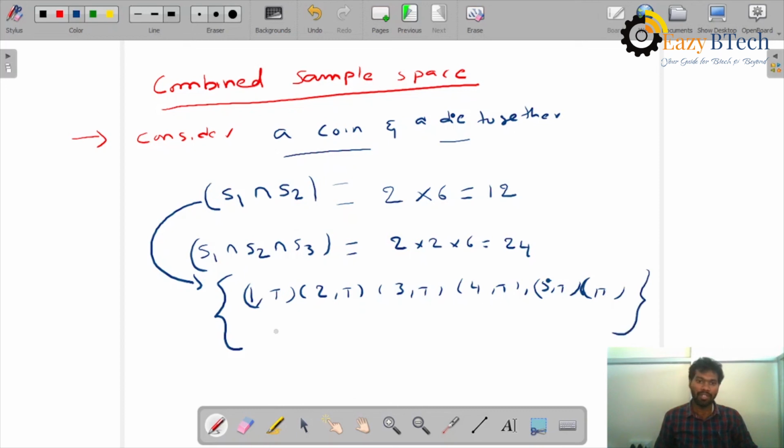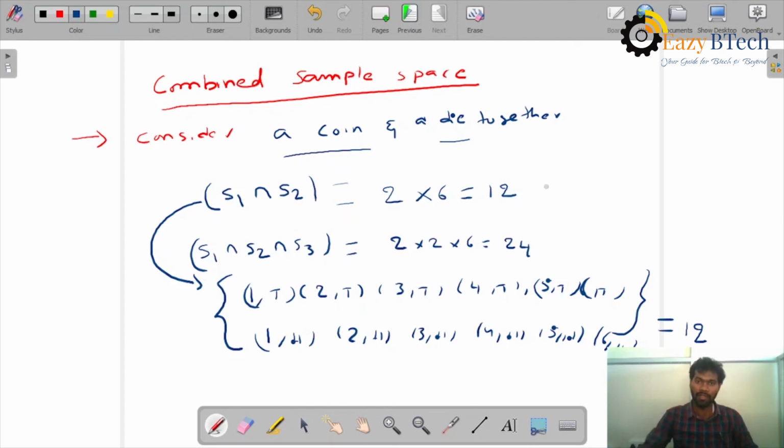The second combination is 1H, 2H, 3H, 4H, 5H, and 6 comma H. So see here, totally you are getting 12 outcomes. So this is called the combined sample space.